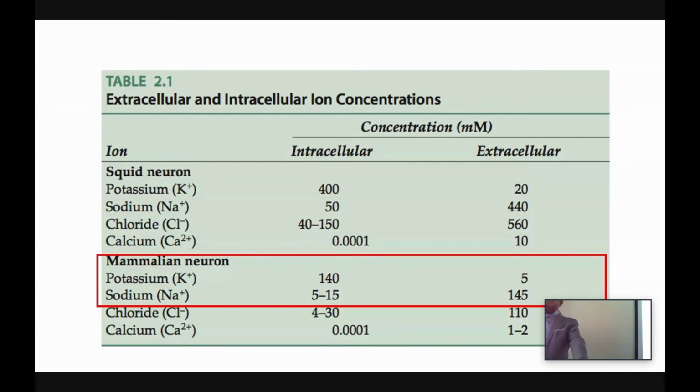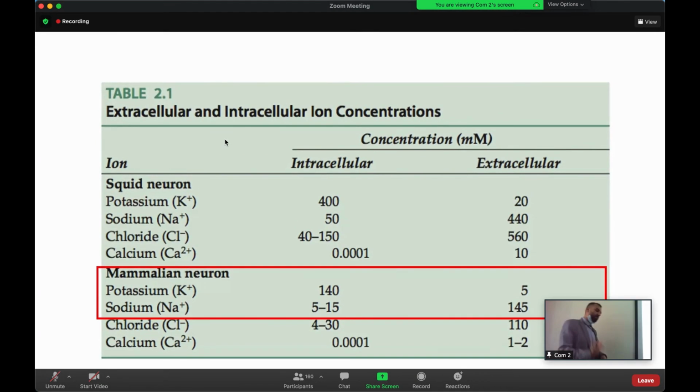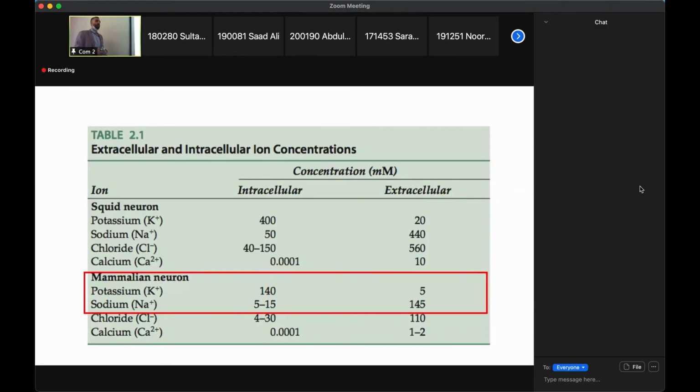So I would like to focus now on this part, the resting membrane potential. We said what contributes to the generation of the electrical potential is basically the movement of ions, isn't it?